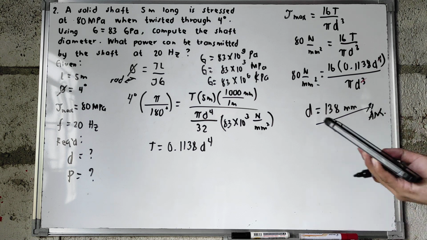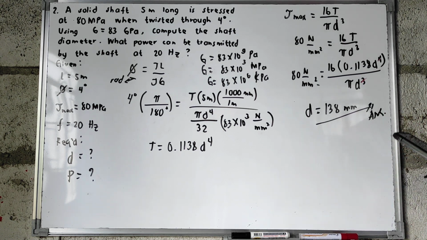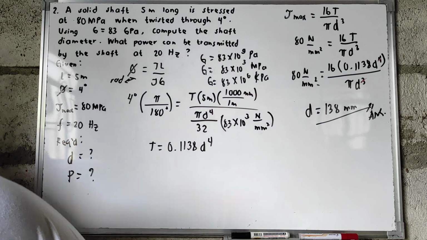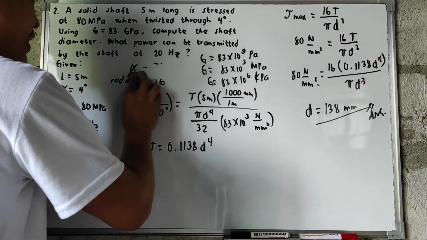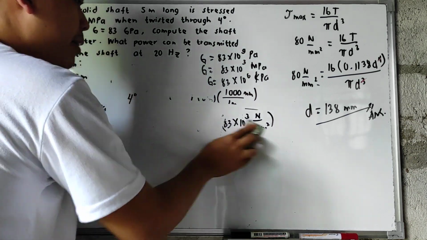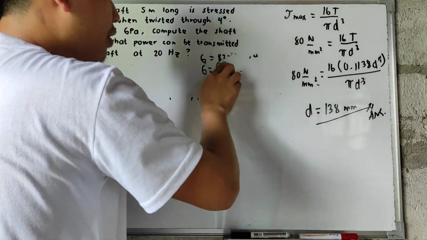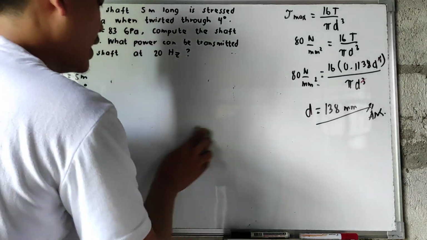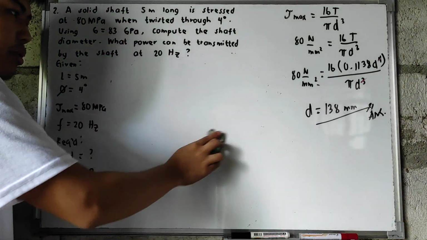Next is the value of your power. Whenever we have a twisting effect on our material, due to the torsional stresses, it transmits a power. We have a formula in computing the power of our shafts considering the torsional effect.